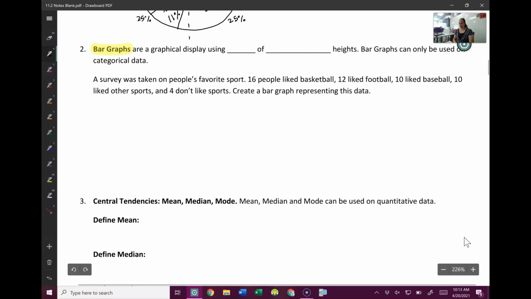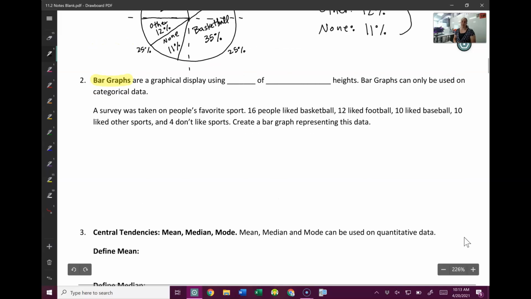Let's also talk about bar graphs in this video because that's the other one that's only used for categorical data. Then in the next video, we'll talk about the ones that use quantitative. So bar graphs are a graphical display using bars of different heights. Now, we're going back to this favorite sport thing.